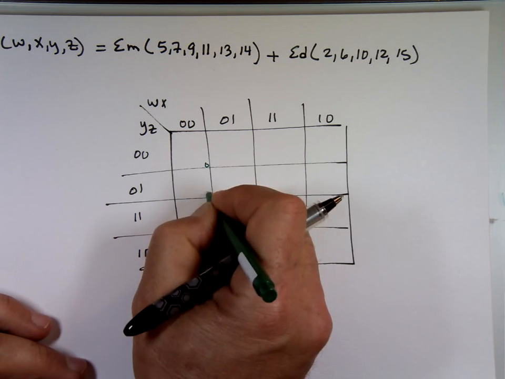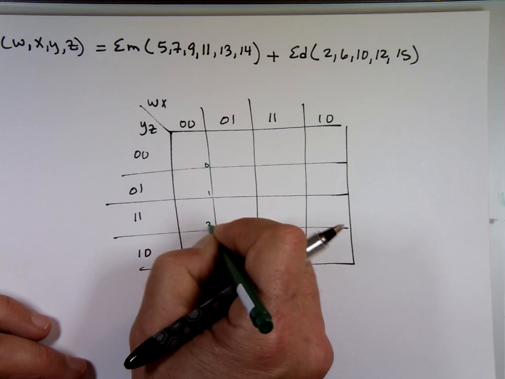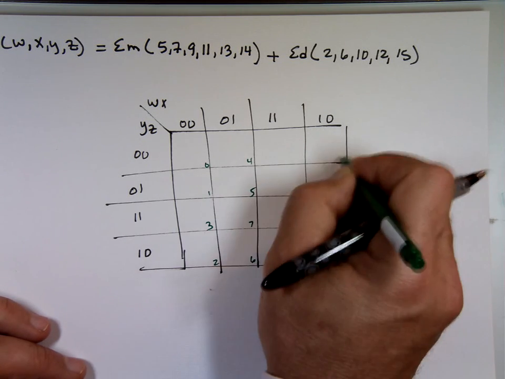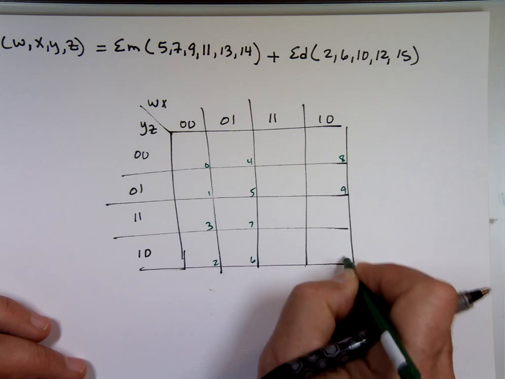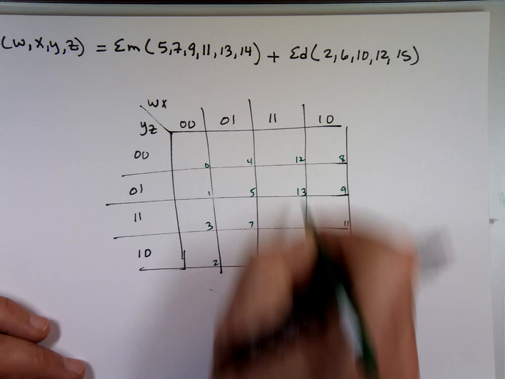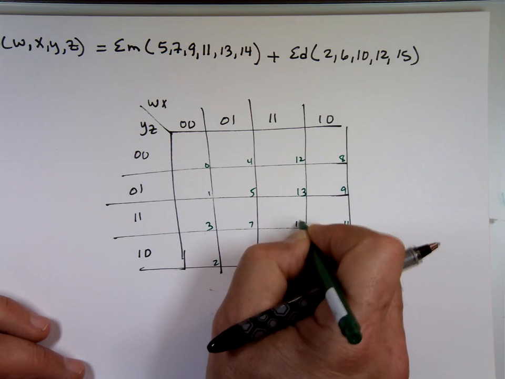Zero, 1, 2, 3, 4, 5, 6, 7, 8, 9, 10, 11, 12, 13, 14, 15.